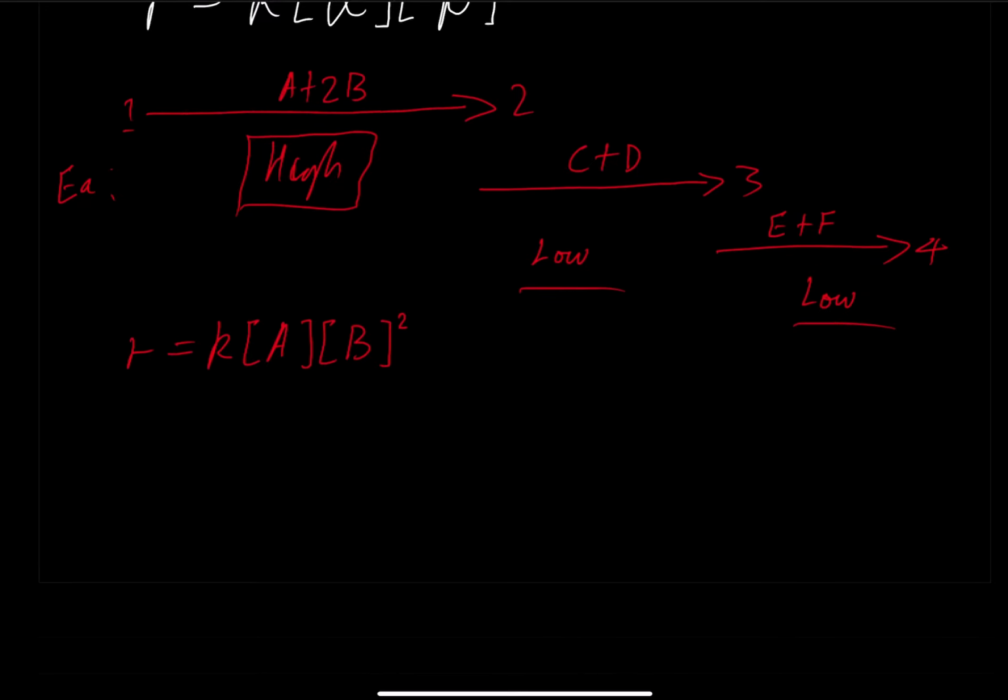Now, when you have a number value, or a molar value, in front of your B, it means that in our rate determining step, 1 mole of A is colliding with 2 moles of B, or 2 particles of B are reacting with it.